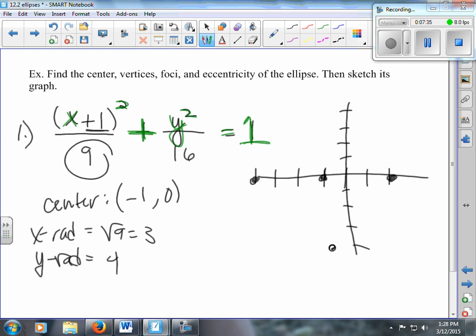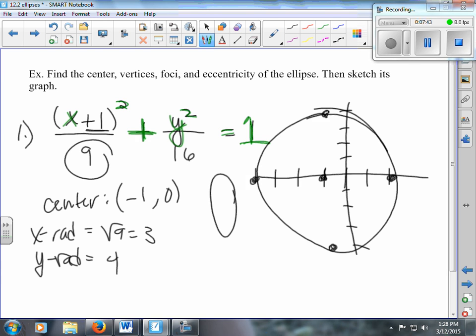And so now I do know which ones are the vertices, because 4 is bigger than 3. This is actually oblong vertically, not horizontally, even though I'm a little off there. So here's the picture of my ellipse, and here's the major axis vertically.